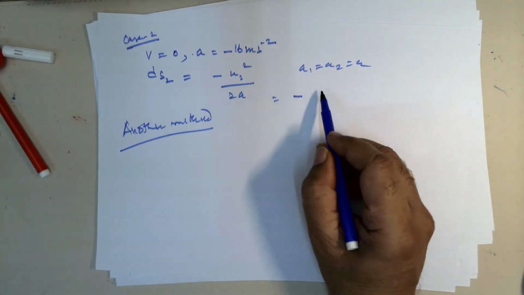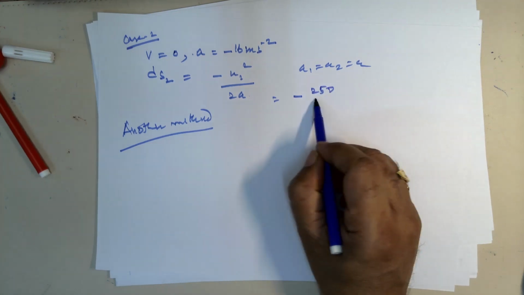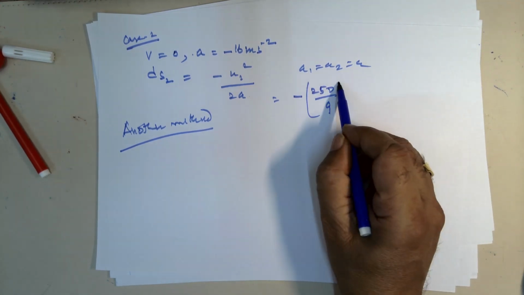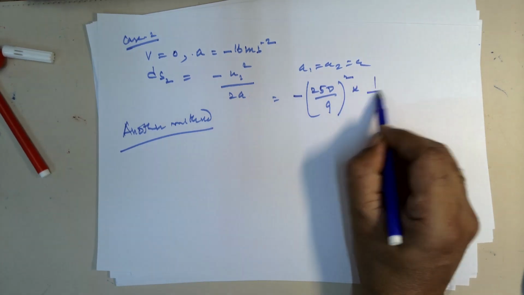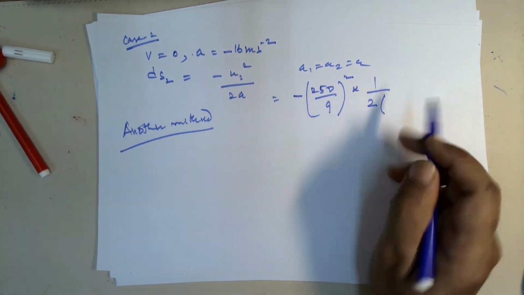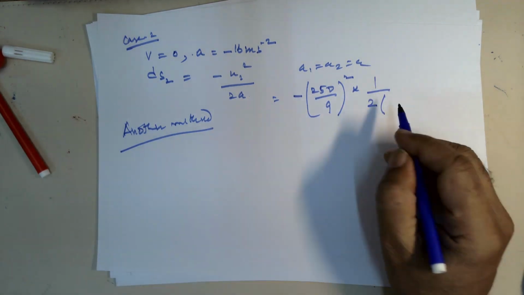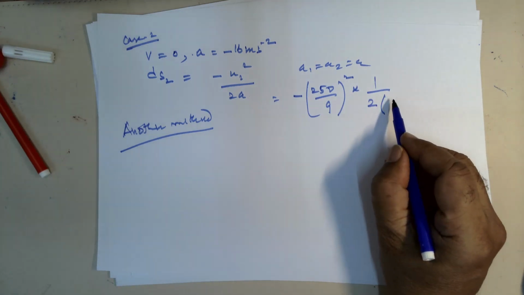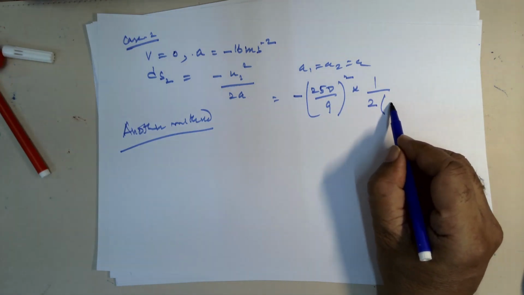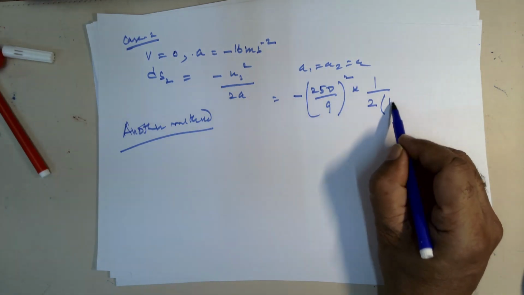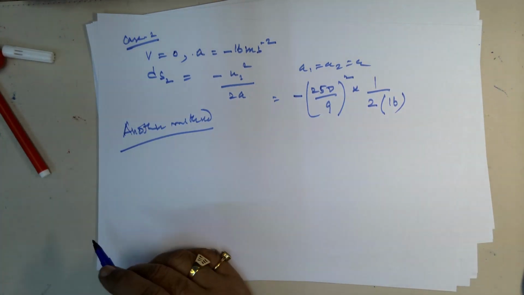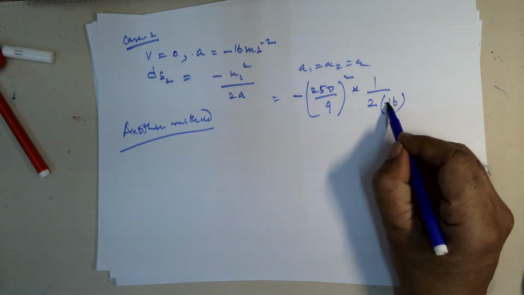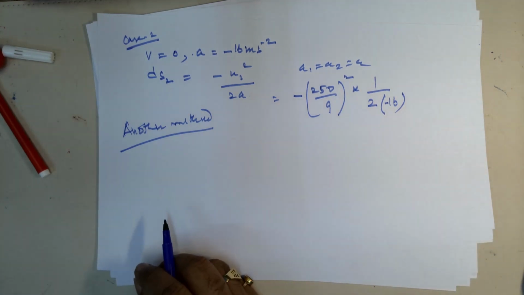So 250 by 9 the whole square into 1 by 2 into a. What is a? Minus 16.